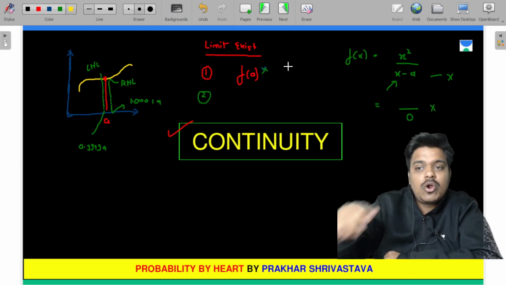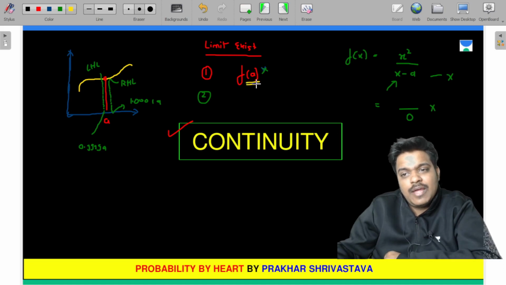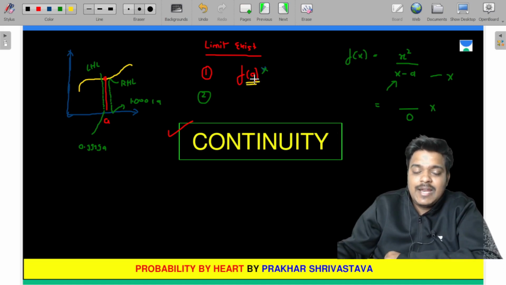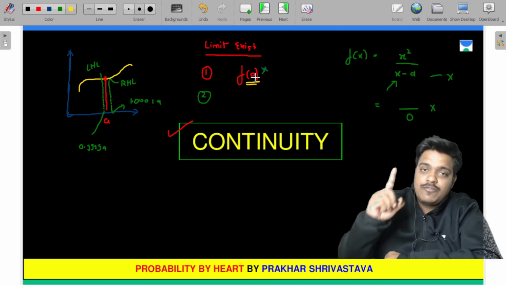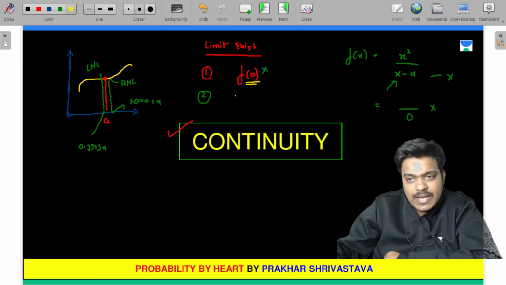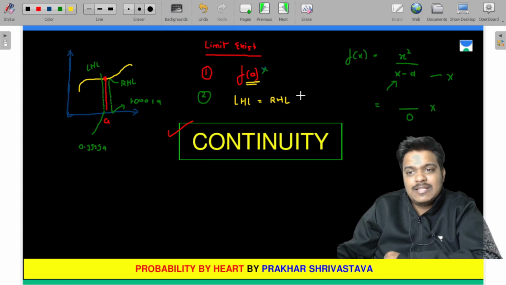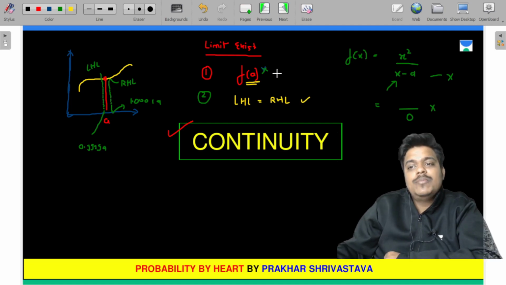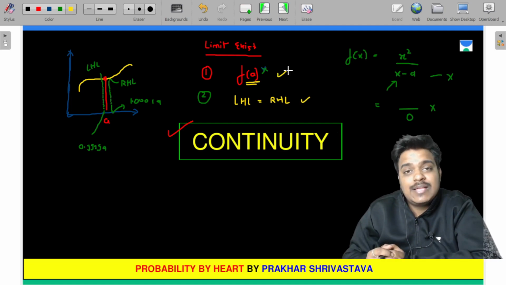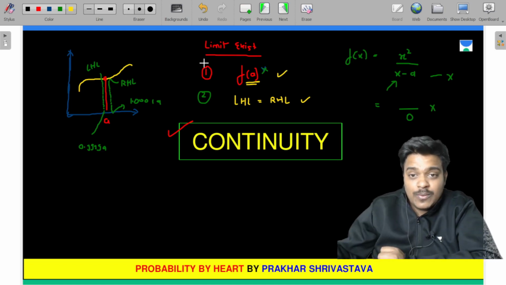But still, if you are not able to get the value of the function when x is tending to a, we go to the second approach. That is, we calculate the left hand limit, we calculate the right hand limit, and if both of them are equal, we will say the limit exists. So these are the only two methods with the help of which we can say whether the limit exists or not.